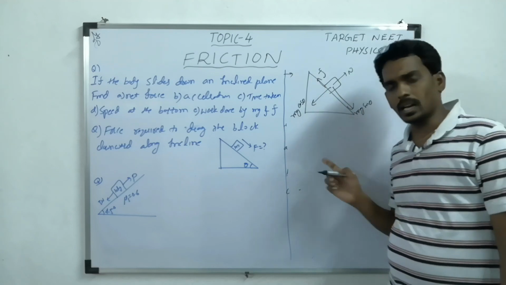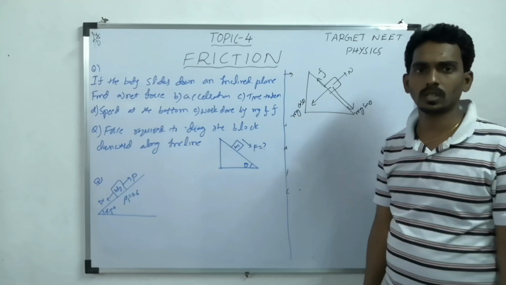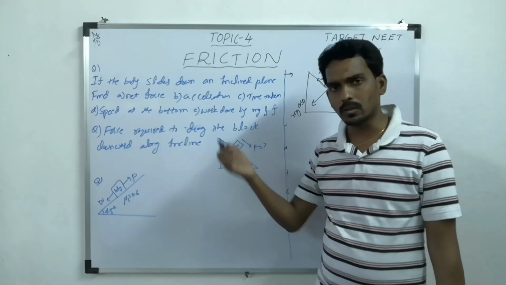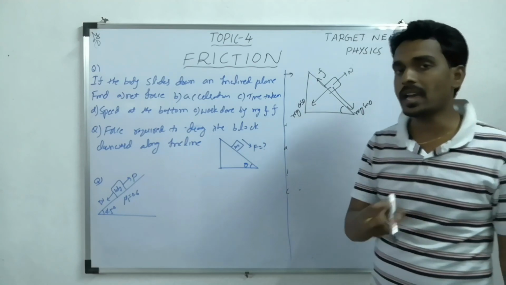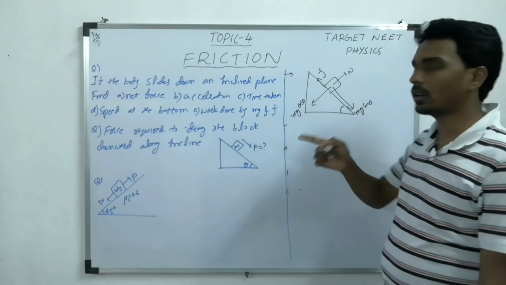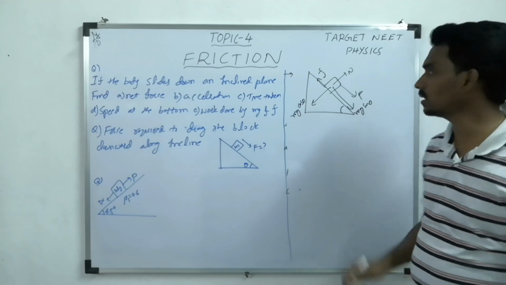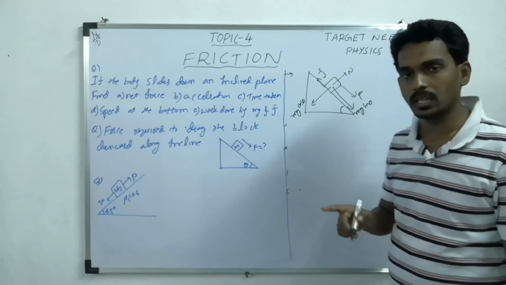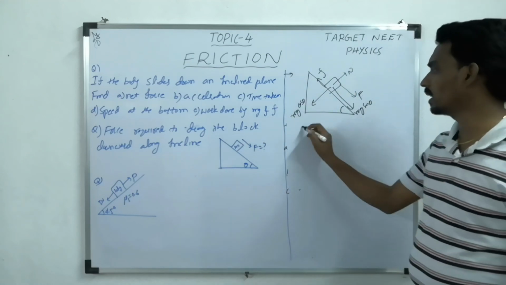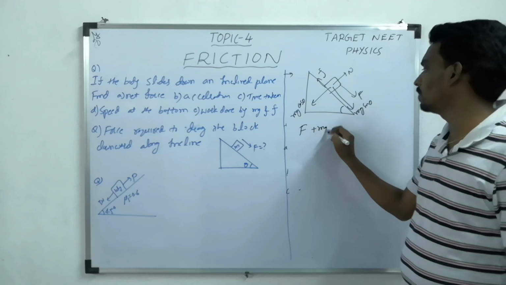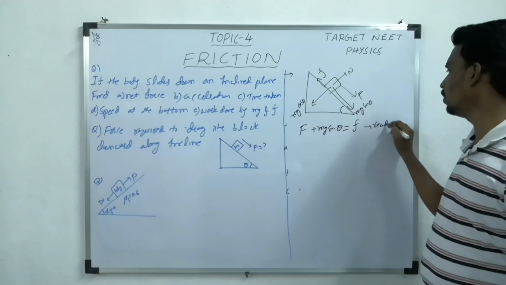If it is sliding already, there is no need of any external force to pull downward. An external force is required to pull it down when the angle of inclination is less than the angle of repose, because then the block remains at rest. Then you have to apply some external force, because in that situation mg sin theta is not enough to overcome the limiting friction. So if you apply F, then F plus mg sin theta should be balanced by friction, then the block is ready to move.